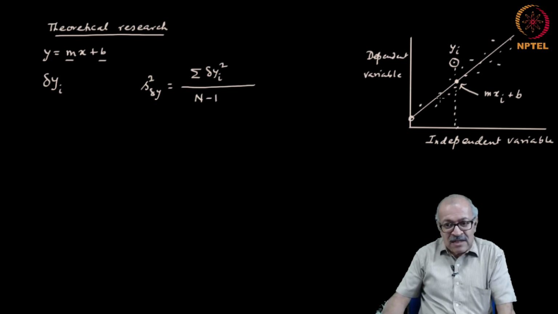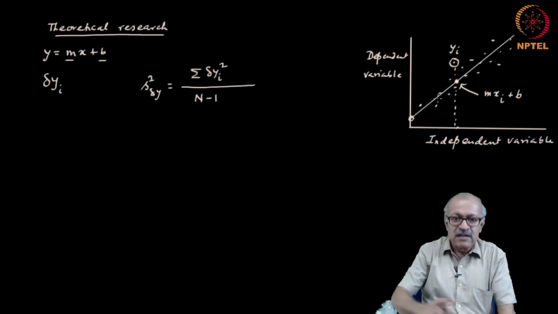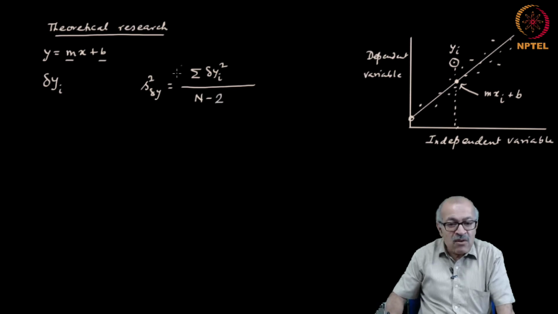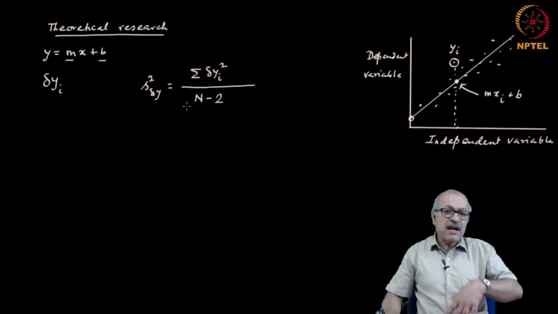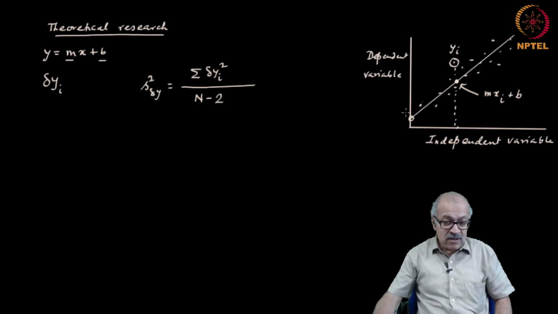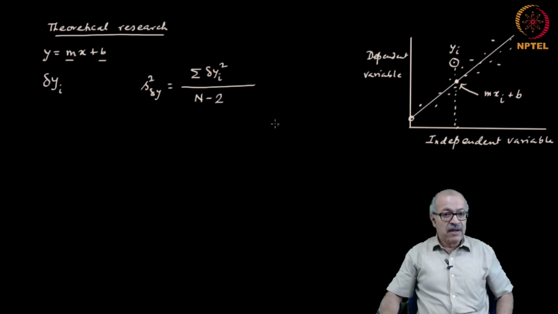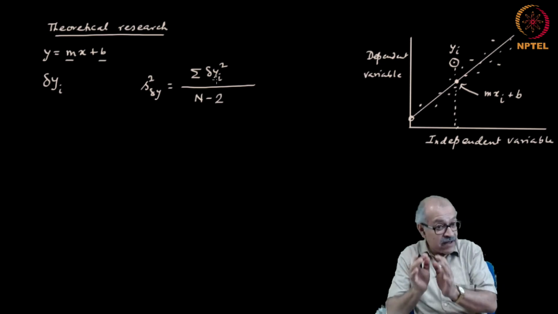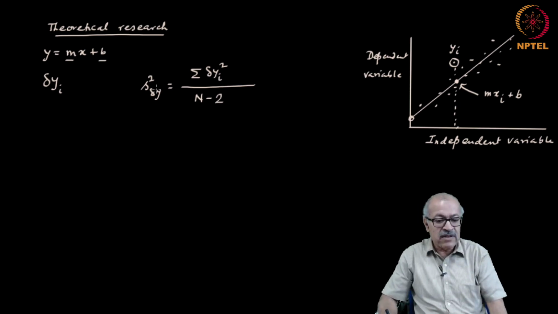Because it is now scattered around a one dimensional object, the dimension has reduced by another 1. So, it is minus 1, another minus 1. So, effectively it is n minus 2. This is how you have to obtain the standard deviation after you have obtained m and b, so that you have estimated the straight line, because these are calculated from that. So, we have calculated the variance, and the square root of that will be the standard deviation.